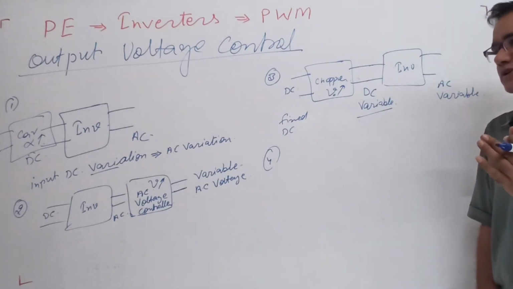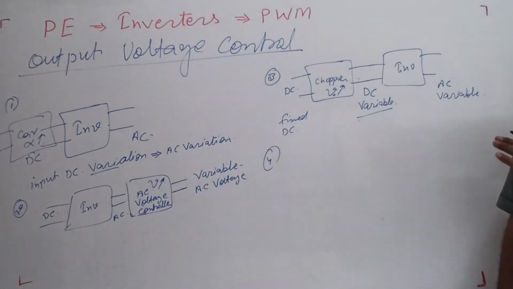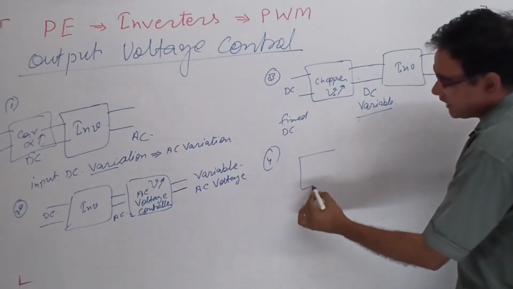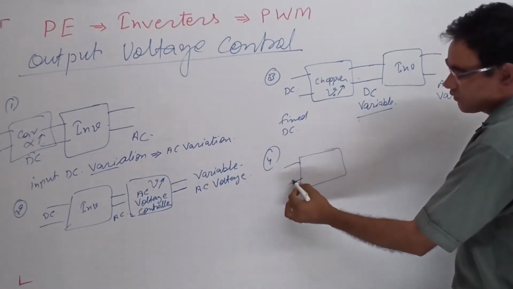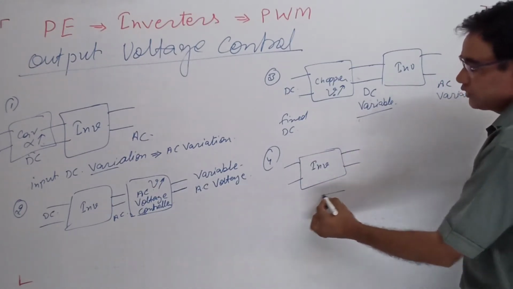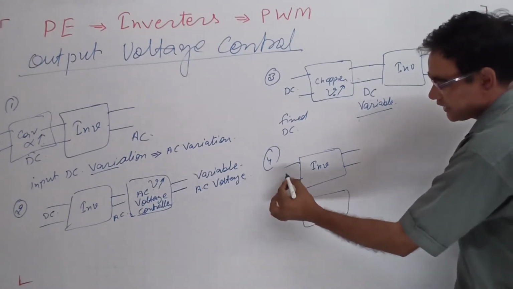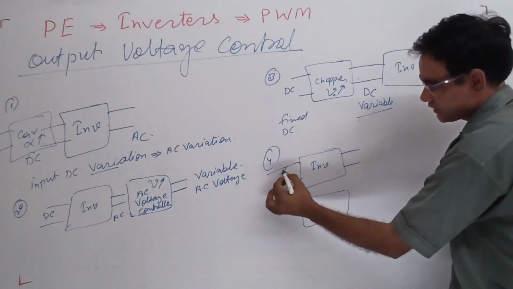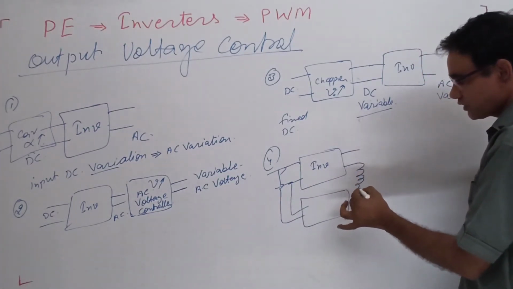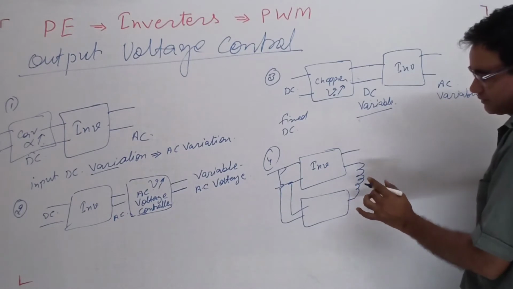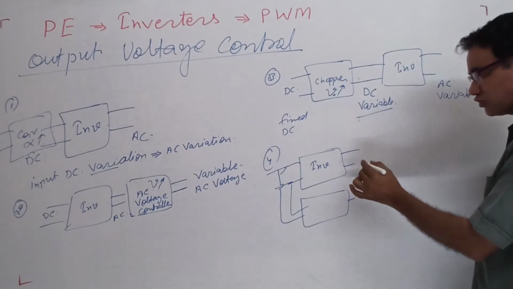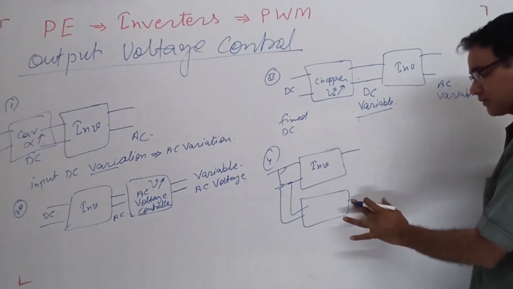Fourth, a device that will provide the inverter and second inverter. The two inverters are connected in one circuit, and the output voltages of these two inverters are connected to the transformer.